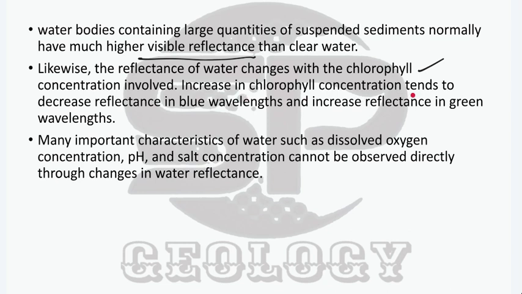An increase in chlorophyll concentration tends to decrease reflectance in blue wavelengths and increase reflectance in green wavelengths, because chlorophylls are there, so the water will appear greener. Many important characteristics of water such as dissolved oxygen concentration, pH, and salt concentration cannot be observed directly through changes in water reflectance, but we are now getting it in hyperspectral data.